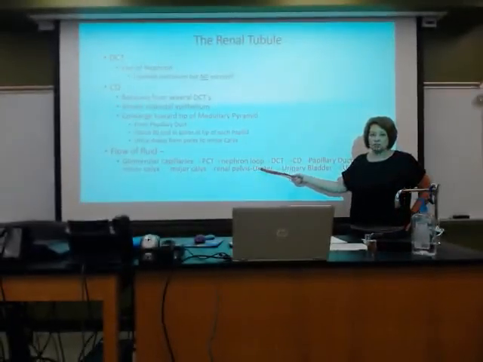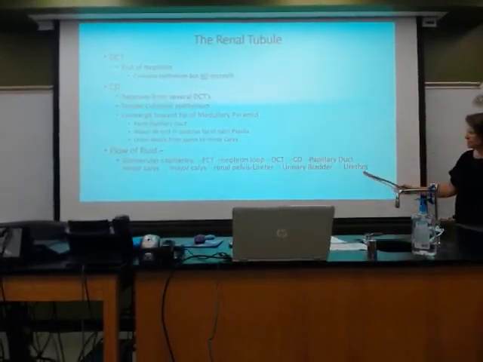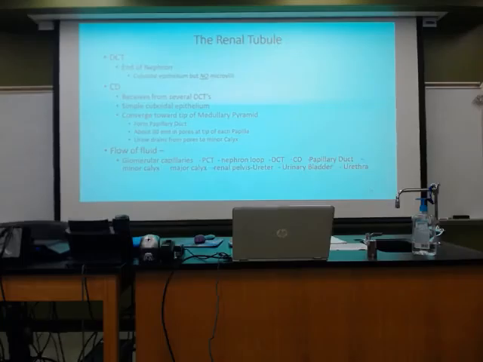And do you remember how the ureter is attached to the renal pelvis, to the urinary bladder, to the urethra, and it exits the body? That's what it takes to form urine.